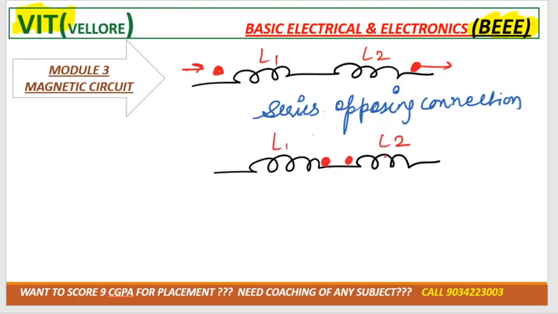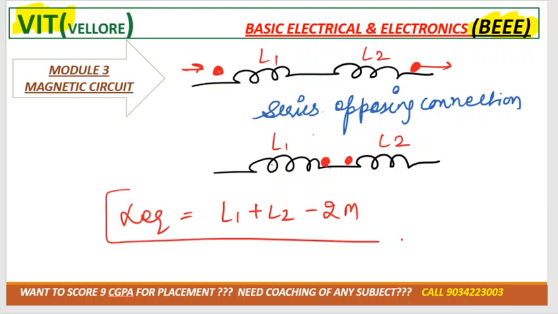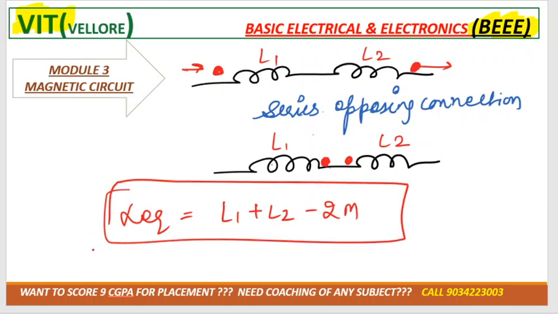Yes or no? So for L1 it is leaving, but for L2 it is entering. So for this case, the L equivalent formula is L1 plus L2 minus 2M. Got it? Both are the cases of series opposing.